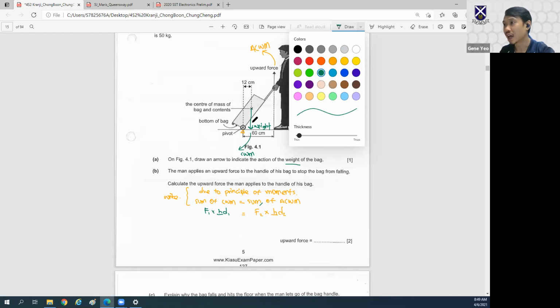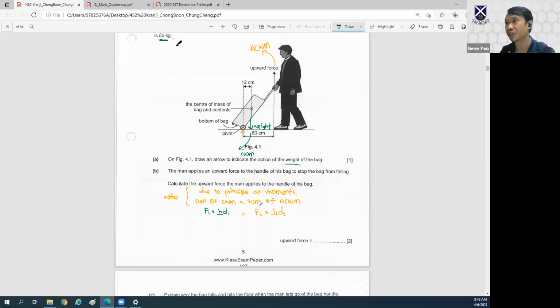So the force downwards for the weight is not 50 kg. It is not 50 kg, that's the mass. I have to calculate 50 kg into Newton. So assuming that we are on Earth, that is times 10. So 50 kg times 10 is 500 Newton.